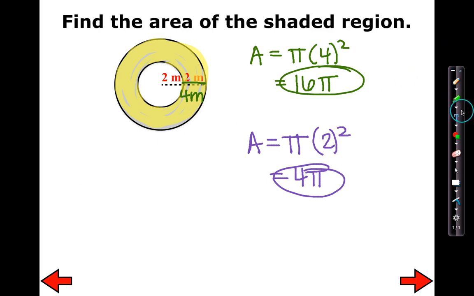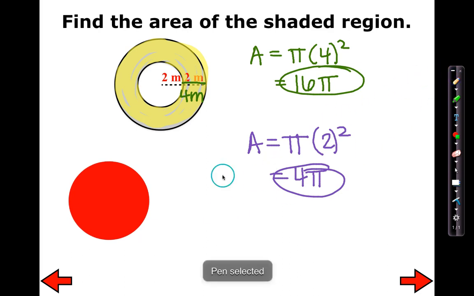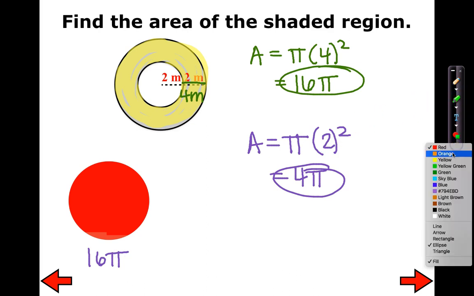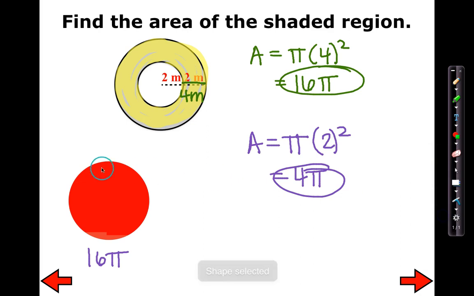So the area of the larger circle is, let's say, 16 pi. But then what we did is we took out the area of the smaller circle, and this is not going to be exact, but just giving you a rough estimation.